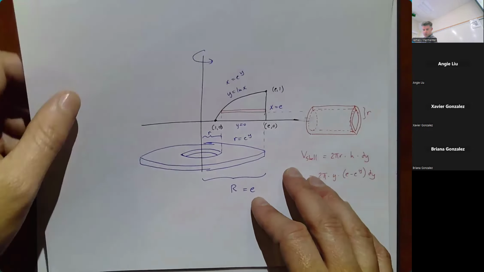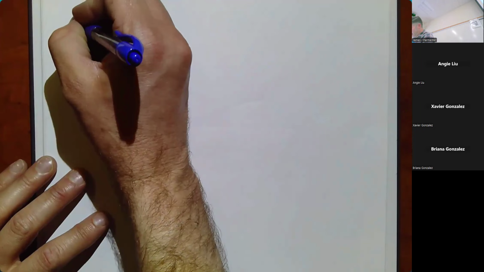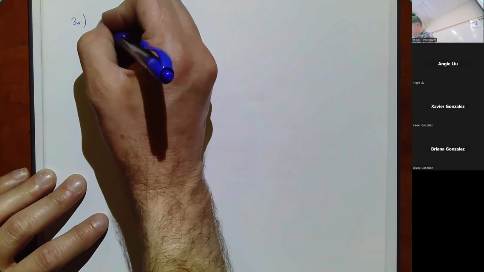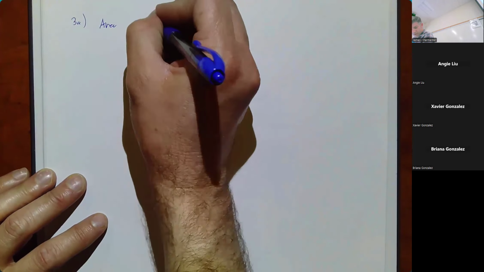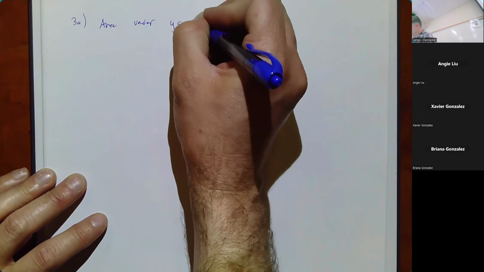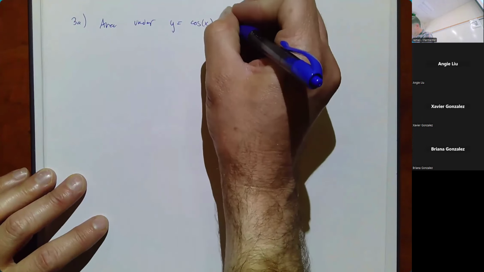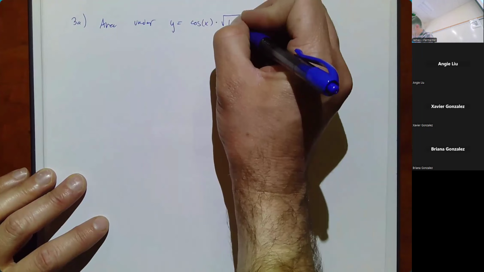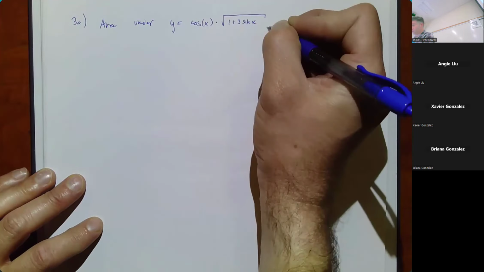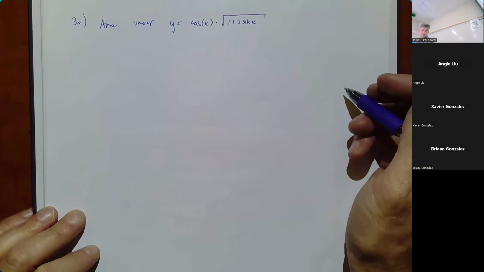From Fanjing? Sure. I feel like I was helping someone with this before, and the original problem I think was missing something important. 3a asks you to find the area under y equal to cosine of x times the square root of 1 plus 3 sine x. At least when I saw it before, the cosine of x was missing.